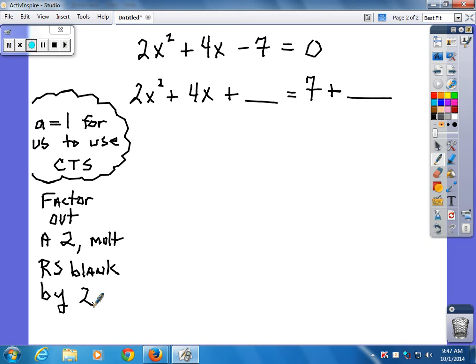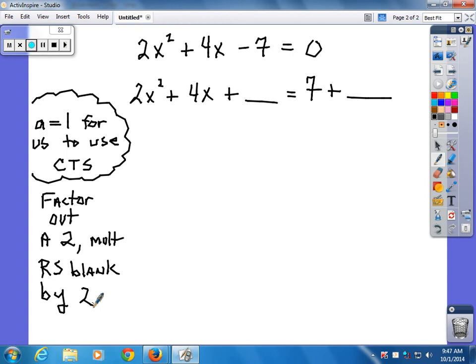The basic reason is, if you do completing the square and not use zero factor, in other words, if you put everything on the left-hand side and set it equal to 0, and you do completing the square all on the left-hand side, you end up multiplying this blank by 2, because all of this is over here.